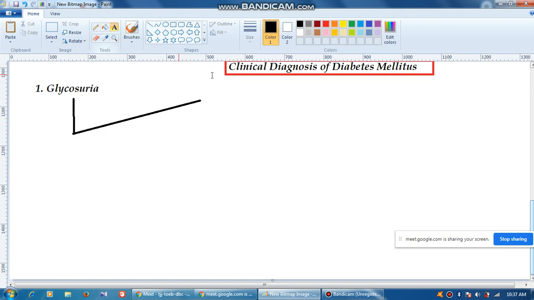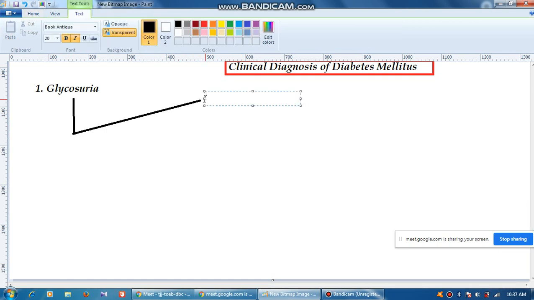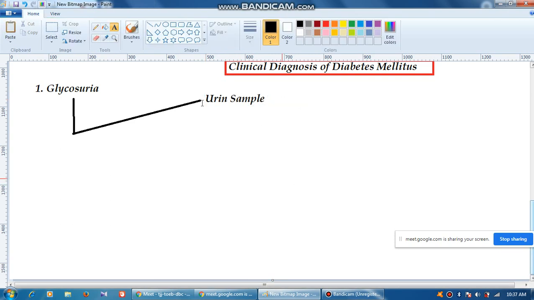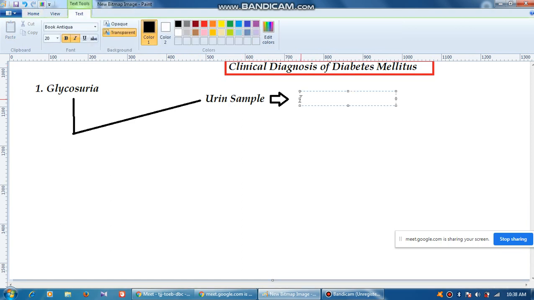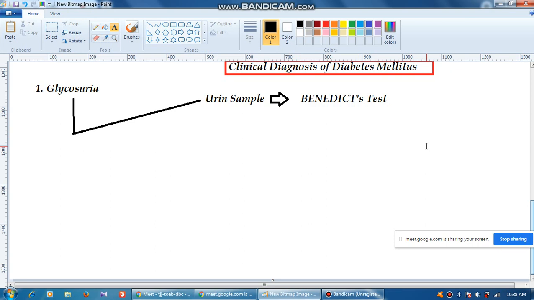So what we will do is take the urine sample and do a simple test known as Benedict's test. Now in Benedict's test, what do we do? We take a solution called Benedict's solution.